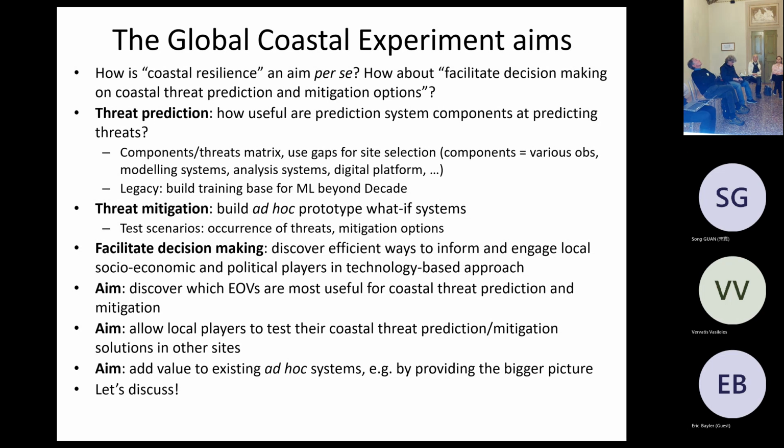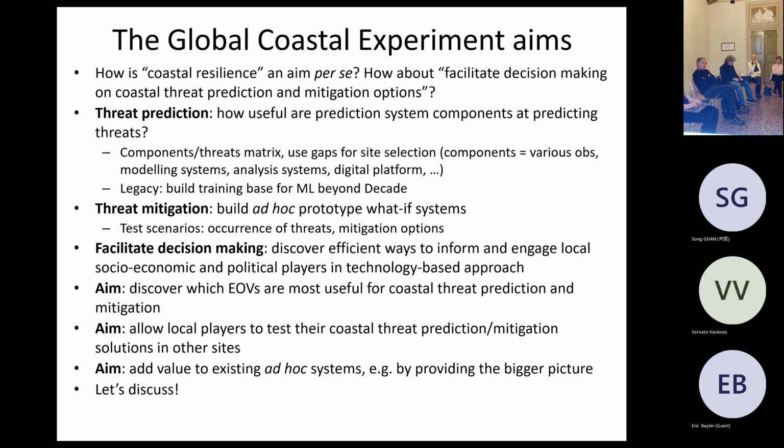So there must be an incentive to participate. And one incentive could be for private sector players to enlarge their market, essentially, by reaching out to other sites and other situations with the same type of threat configuration, for instance.